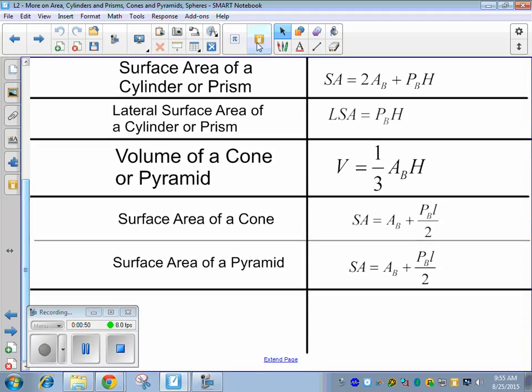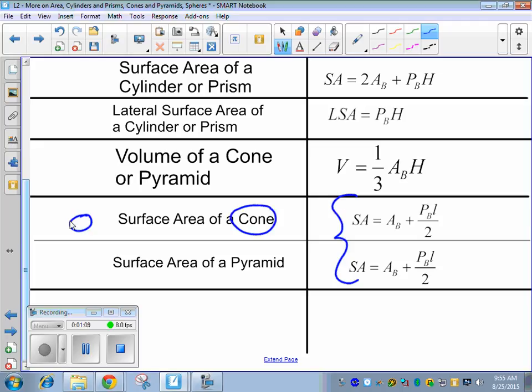And then we have these two that you probably don't remember because you haven't seen a lot of them. The surface area of a cone or a pyramid is the same initial formula, which is area of the base plus perimeter of the base times L divided by 2. So if you're doing a cone, the base is a circle, and so the area of the base is actually pi r squared, and the perimeter of the base is actually 2 pi r.